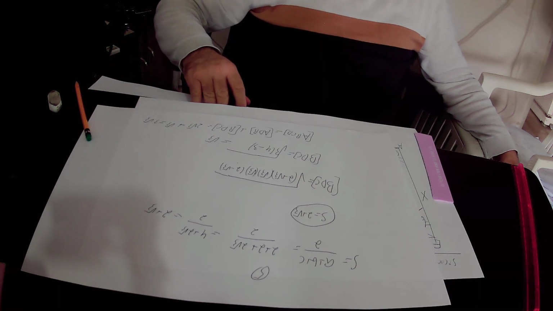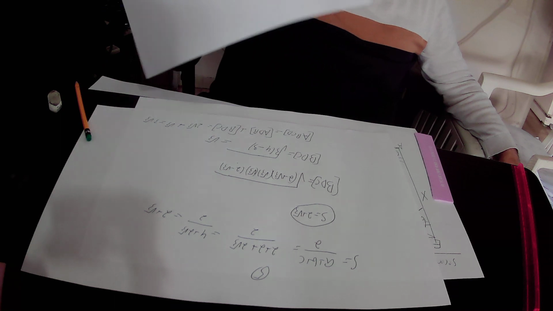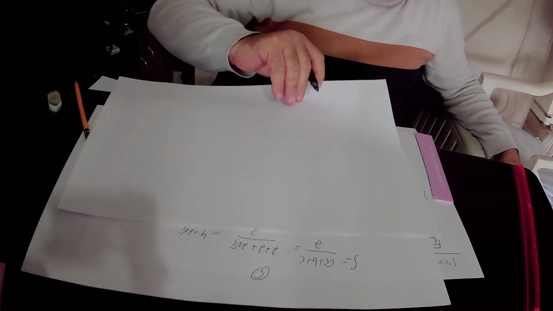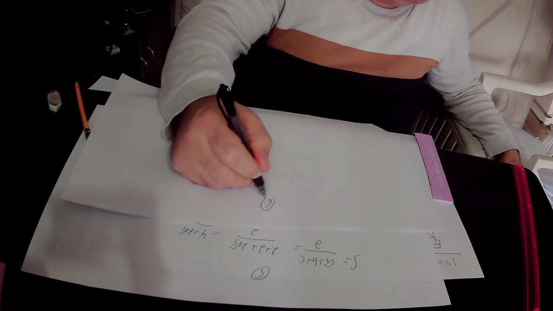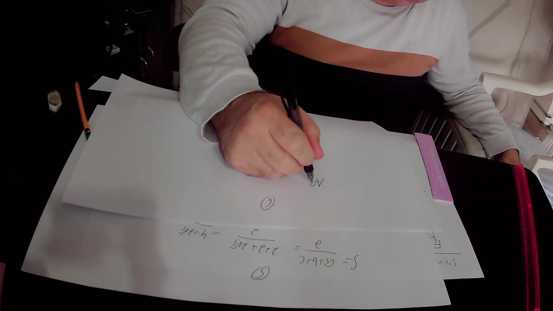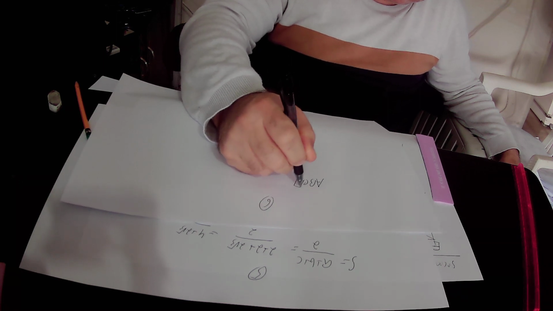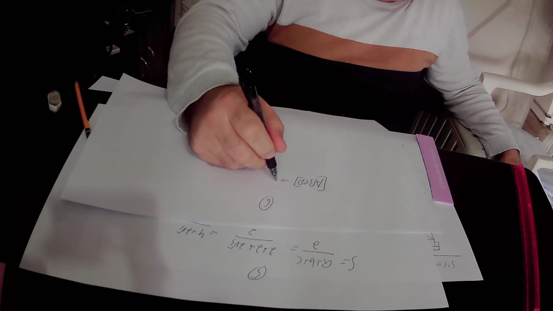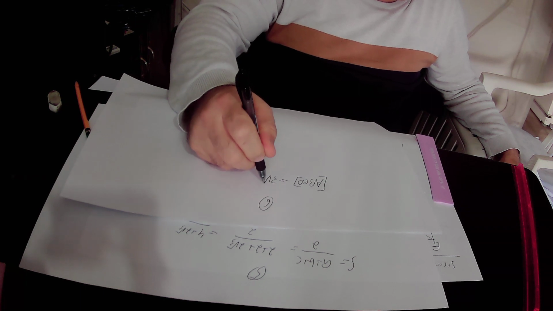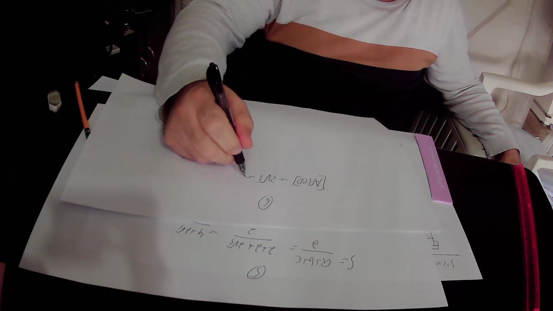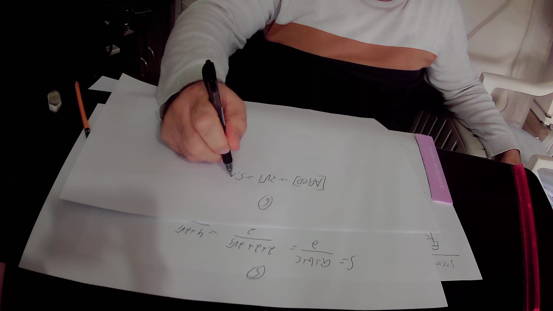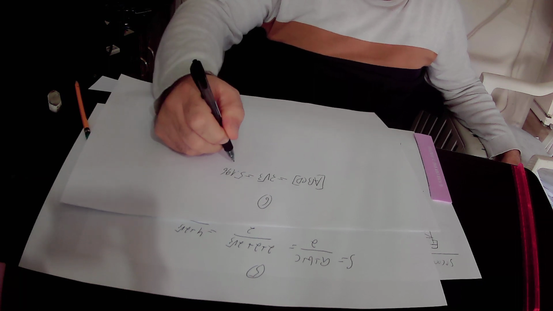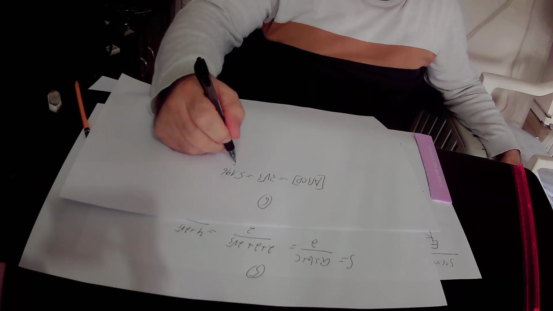So we found out that the area of quadrilateral ABCD, according to the second method, equals 3 times square root of 3 square units, or in terms of numbers, 5.196 square units.